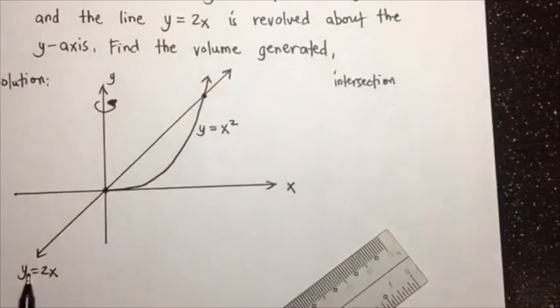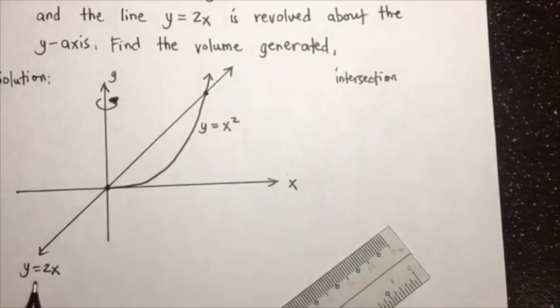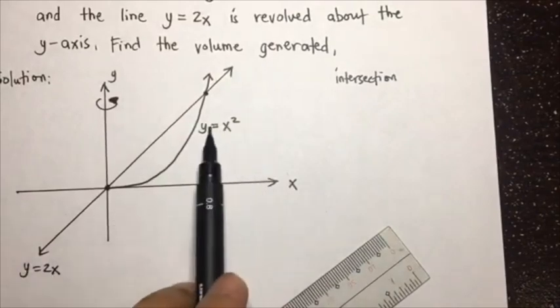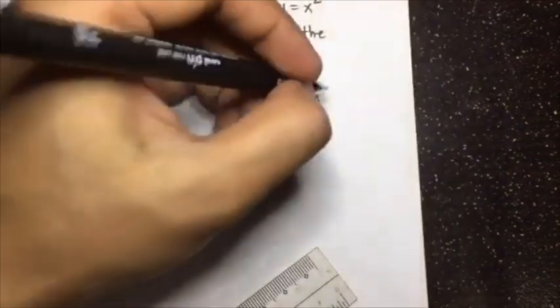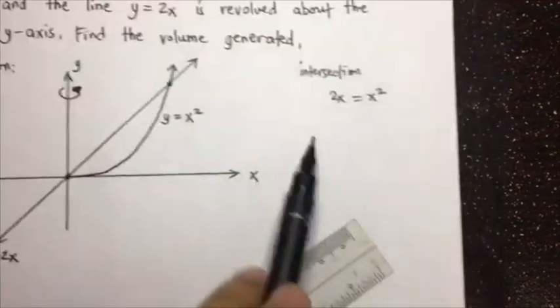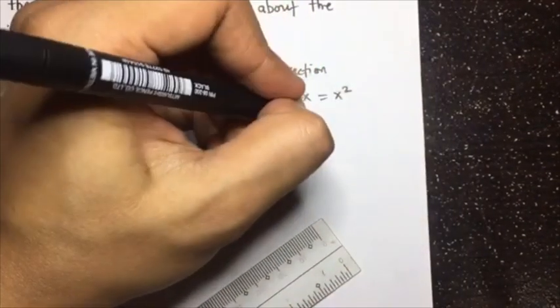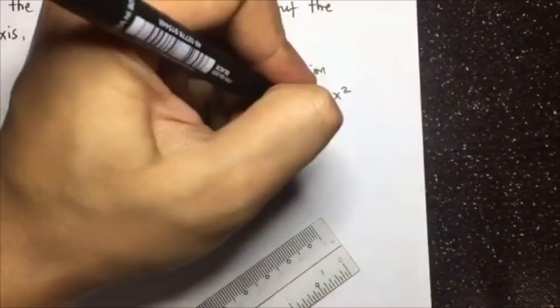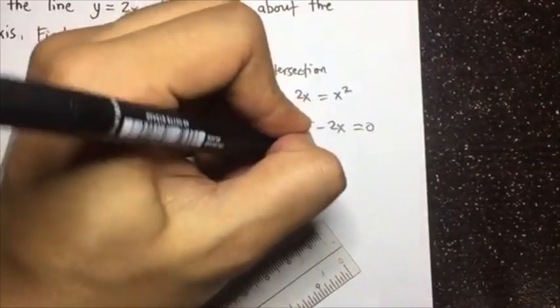So let's solve it here. Since y is equal to 2x and y is equal to x squared, therefore 2x is equal to x squared. Transposing 2x to the other side, we will have x squared minus 2x is equal to 0. Factoring x, what will remain is x minus 2 is equal to 0.